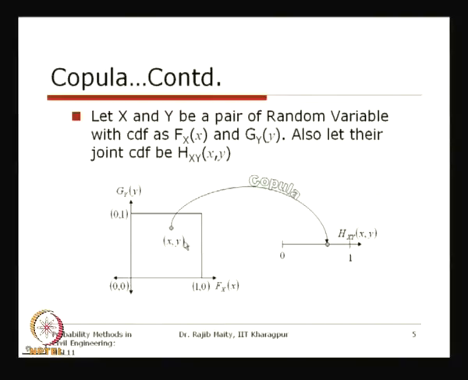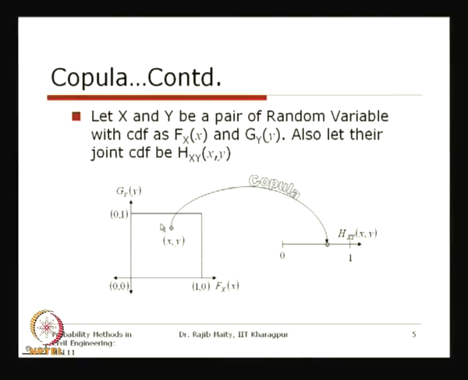The same combination of x and y will correspond to one point on this unit square, over the plane constituted by their cumulative distribution functions Fx and Gy. So, this is the point we are talking about.